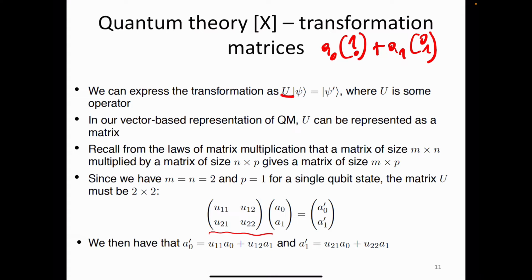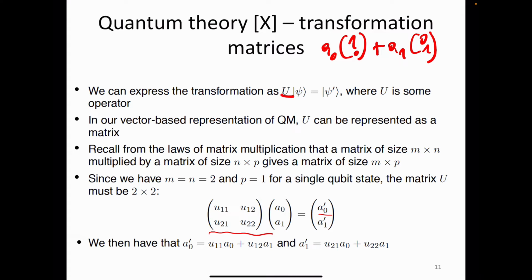What it really is, is U sub 11 applied to a sub 0, and U sub 12 applied to a sub 1, for the amplitude a sub 0 prime. That's what you end up with here. And the same here for a sub 1 prime, where you have U sub 21 applied to a sub 0 and U sub 22 applied to a sub 1.